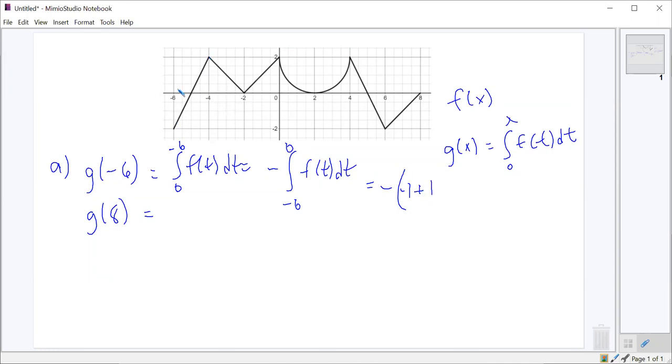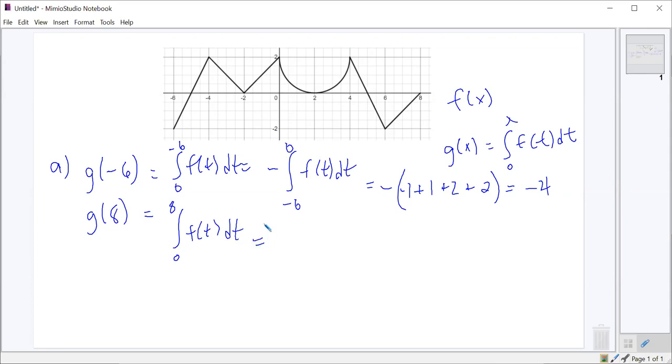This little triangle here is 2 by 2, so that's 1/2 of 2 times 2, which is 2. This one is, again, 1/2 of 2 times 2, so another 2. And we should end up with -4.